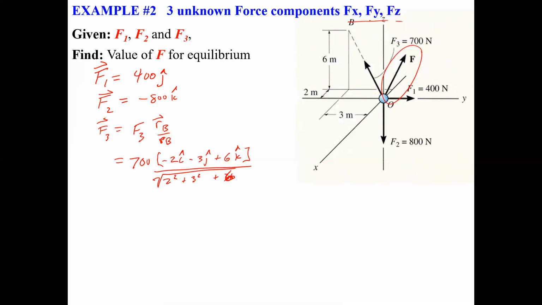Oops, 6 squared. Is it 7? Yeah, because that becomes 36 plus 9 plus 4. Yeah, it becomes 7. So this is essentially 7, which means it cancels out and that becomes 100. So it's basically going to be minus 200i minus 300j plus 600k.